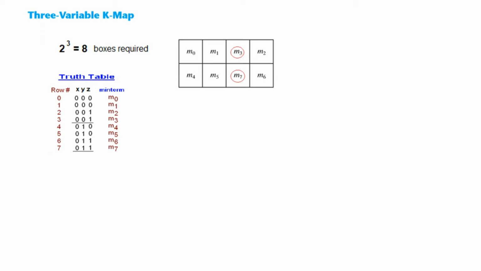M0, M1, then it should have been M2, but it is disturbed. M2 is on the right, and the middle place on the third column is opposite. So M0, M1, M3, then M2. Similarly here M4, M5, M7, and then M6. So this is very important. Most of the time students make this mistake and the whole answer becomes wrong. So keep this point in mind.